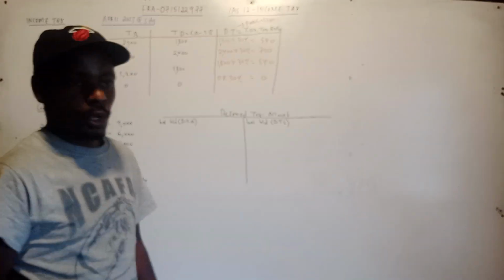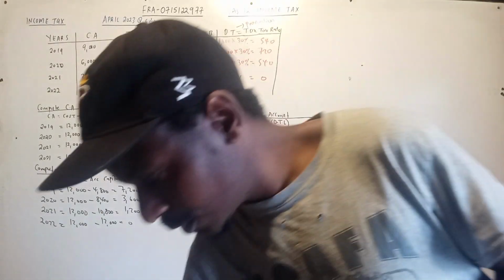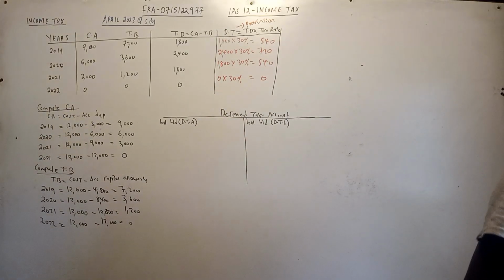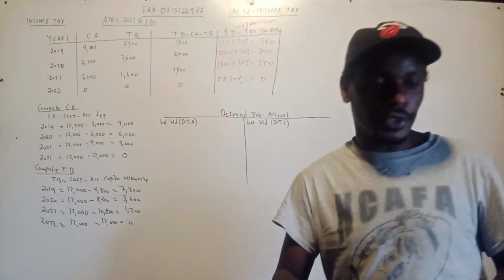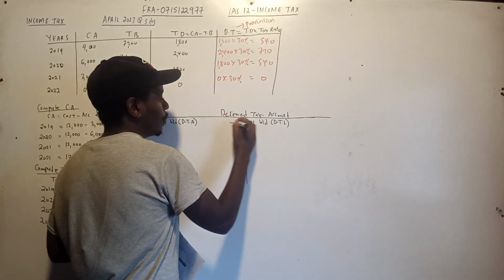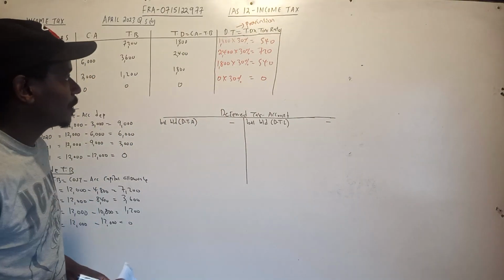Now let's go to our question. Did you have any deferred tax asset or deferred tax liability? There was no balance. So if there was no balance, it means that we did not have any balance brought down for the deferred tax asset or the deferred tax liability.